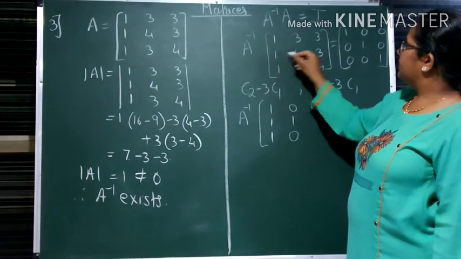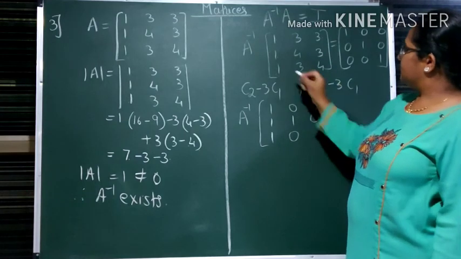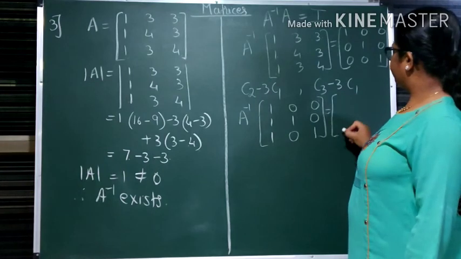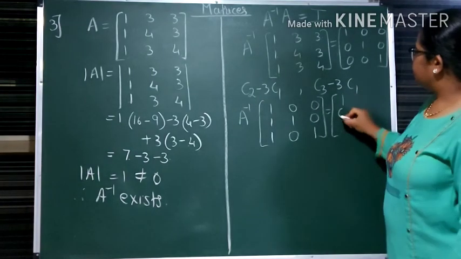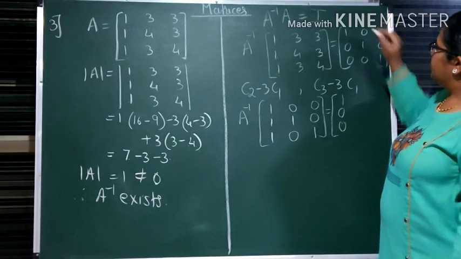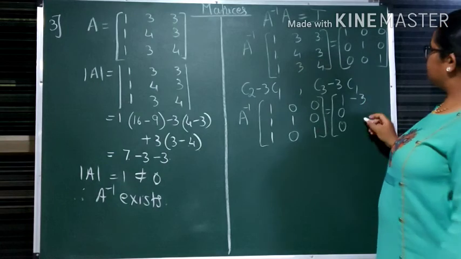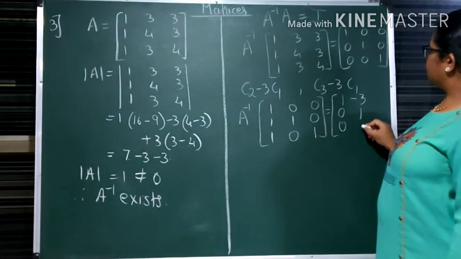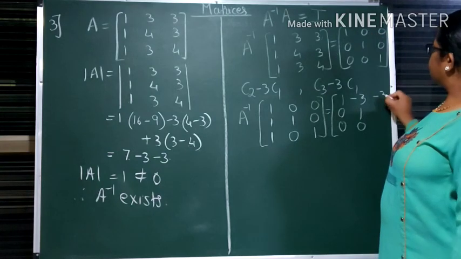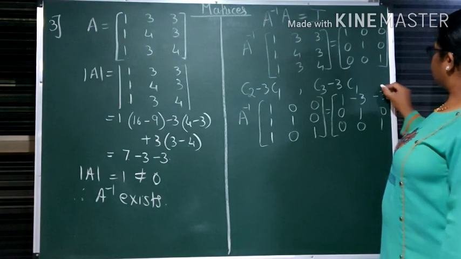Again 0. Then 4 minus 3, 1. First column as it is. Now 0 minus 3 into 1, this becomes minus 3. 1 minus 0 remains 1. 0, 0 remains 0. Again 0 minus 3 into 1, minus 3. 0, 0 is 0 and 1, 0 remains 1.